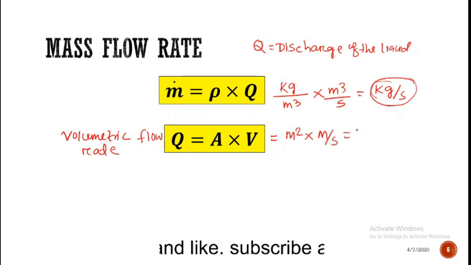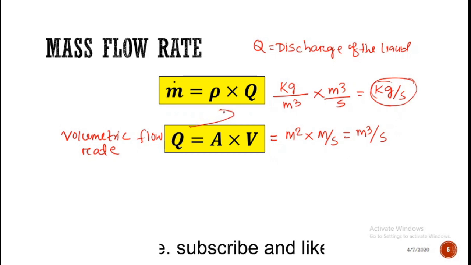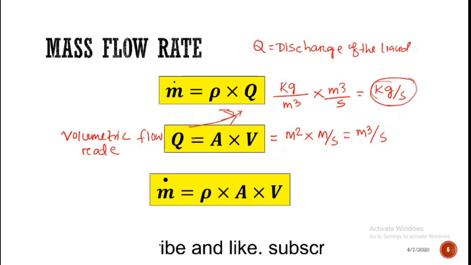If you do this, it comes out to be meter cube per second. This is the volume of liquid flowing per second. So if you rewrite the mass flow rate by putting Q here, the mass flow rate comes out to be the density of the fluid into the cross-sectional area of the pipe into the velocity of the flow.